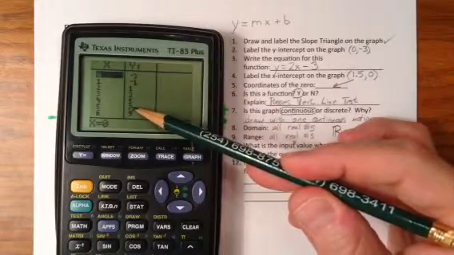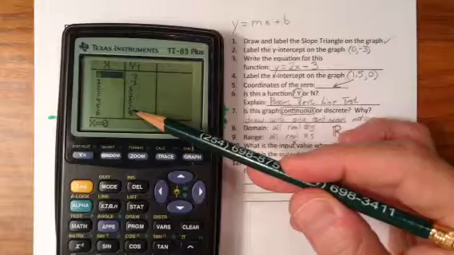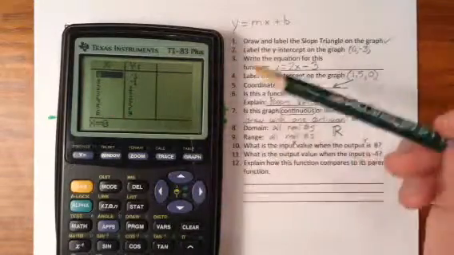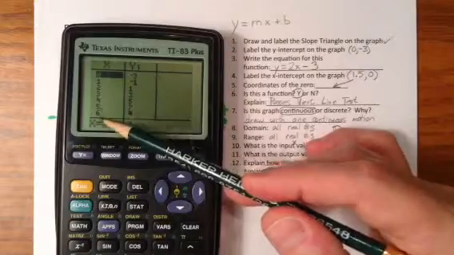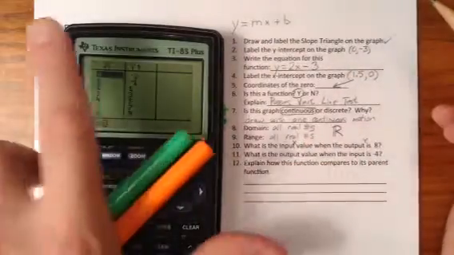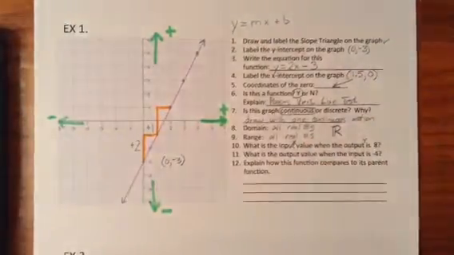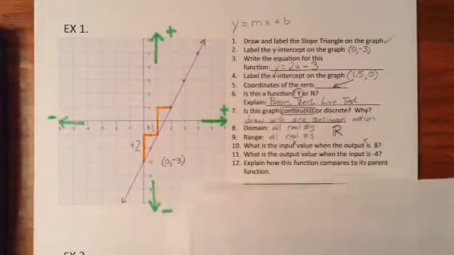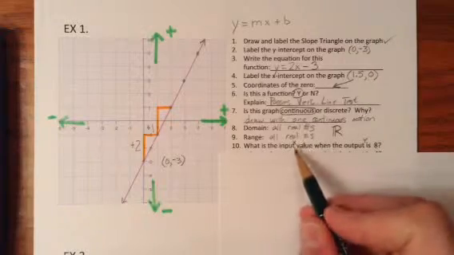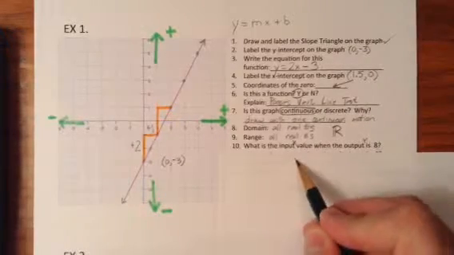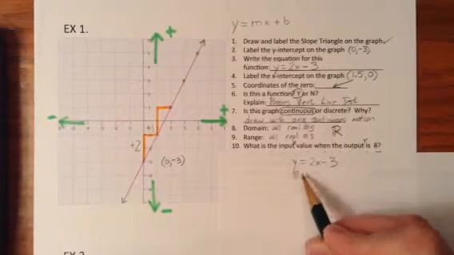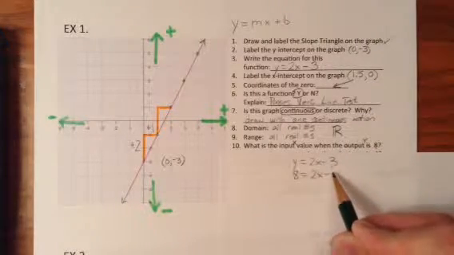But you notice that 8 is between 7 and 9, halfway. And so over here, we might want to say that that's between 5 and 6, which is 5.5. We could easily check that by taking a piece of paper. We come over here and say, okay, when I have y equals 2x minus 3, if my y is 8, what is my x?